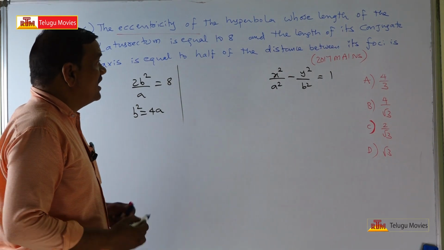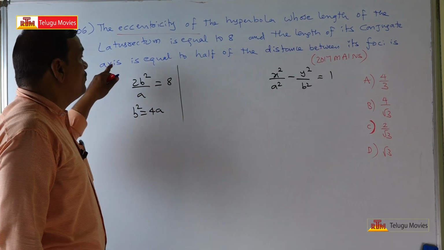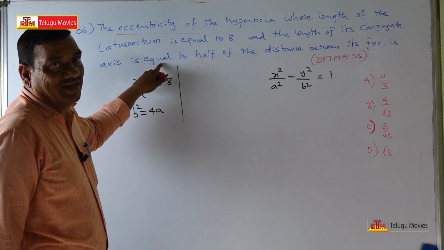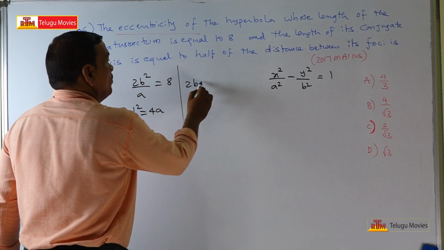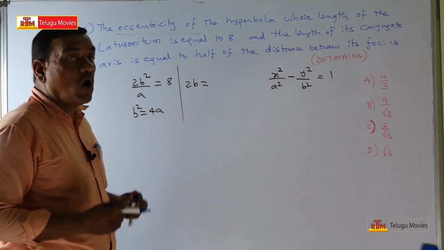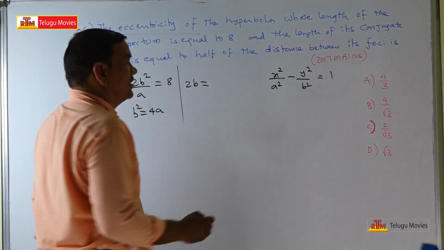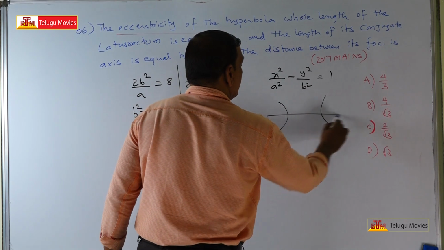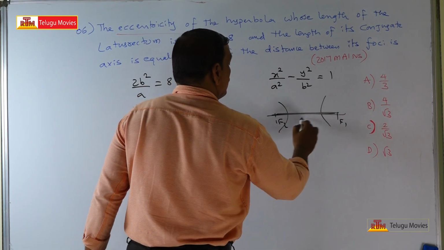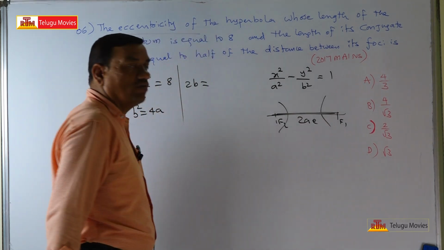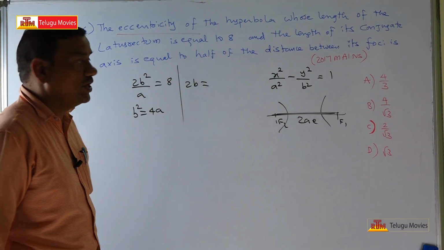The second one is the length of its conjugate axis. What is the length of its conjugate axis? That is equal to 2b, which is equal to half the distance between the foci. What is the distance between the foci? So this is F1, this is F2. So what is the distance between the foci? We have the distance between the foci is 2ae.